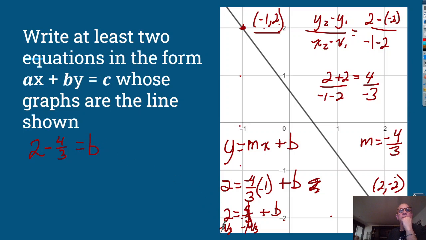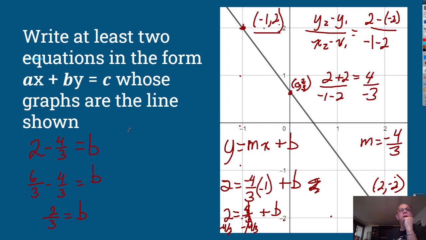These cancel out, so 2 minus 4 over 3. So this is going to be 6 over 3 minus 4 over 3 equals b. 6 minus 4 is 2 thirds equals b. So this is 0 and 2 thirds.